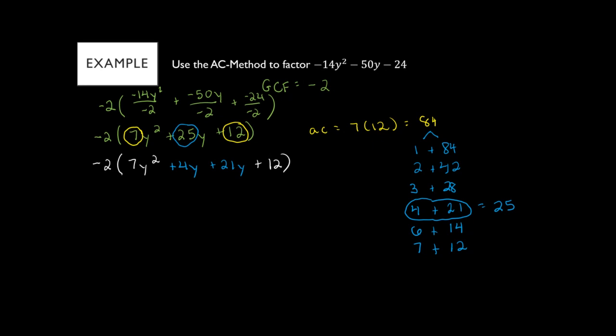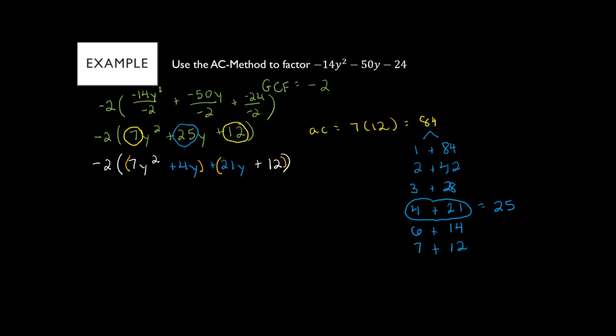So it's going to get a little confusing with all of the parentheses, which is why I like to color code. So when I'm grouping here, I'm grouping inside existing parentheses because of that first GCF that we took out.